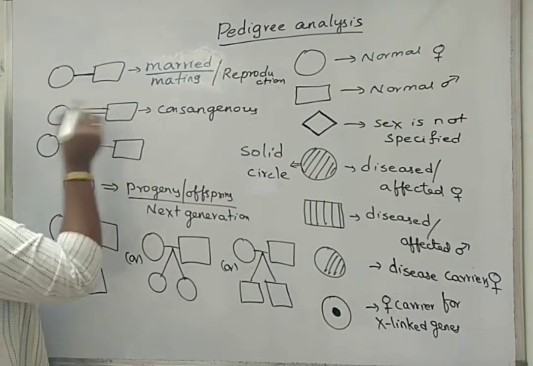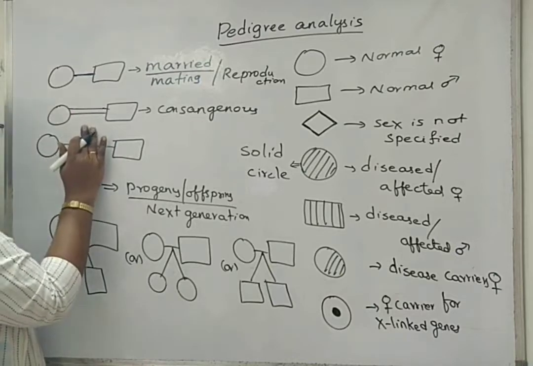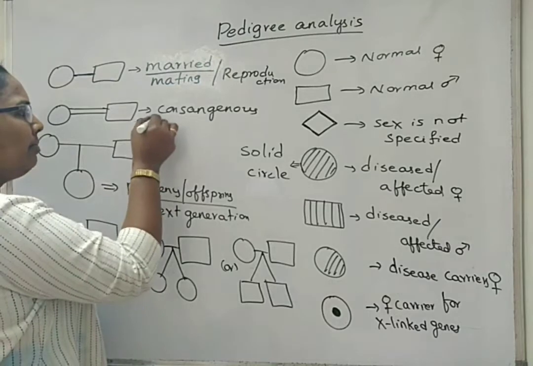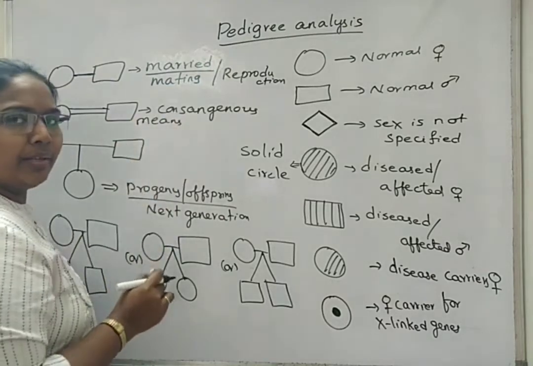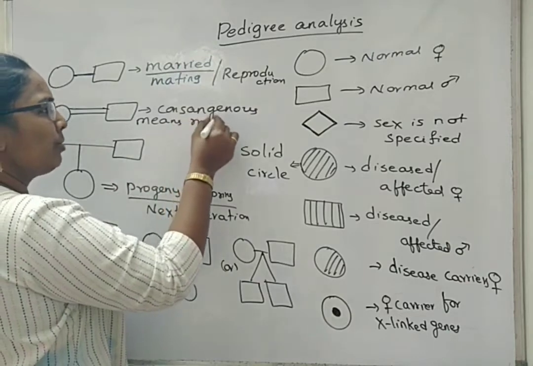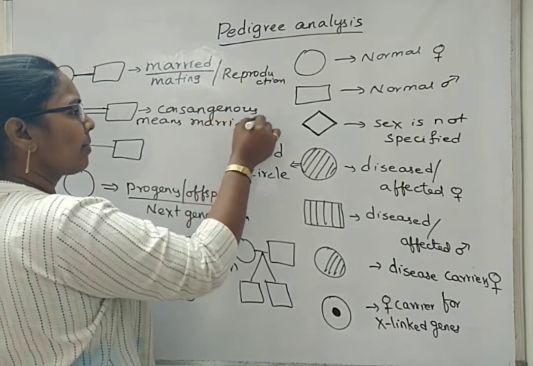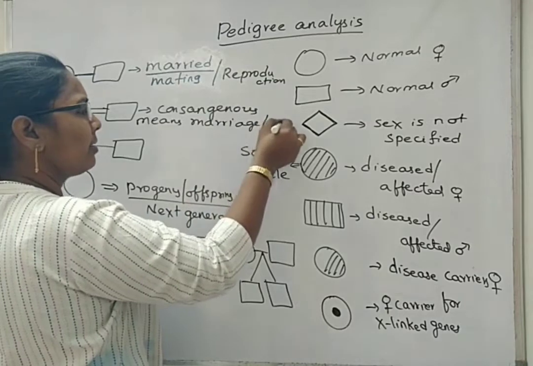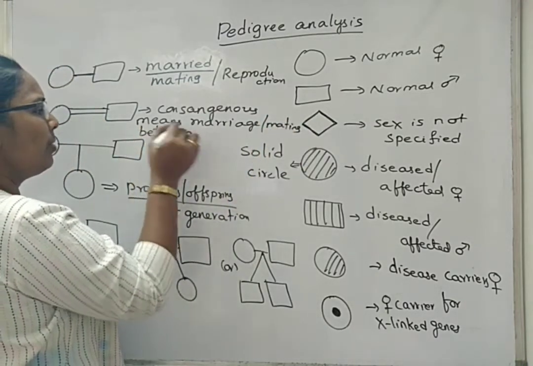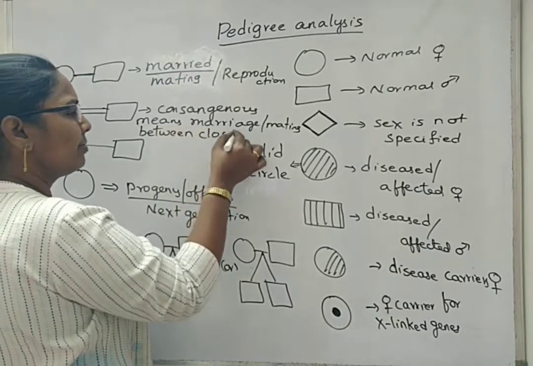If there are double lines, the chart is telling us about consanguineous mating, meaning marriage or mating between or among close relatives.